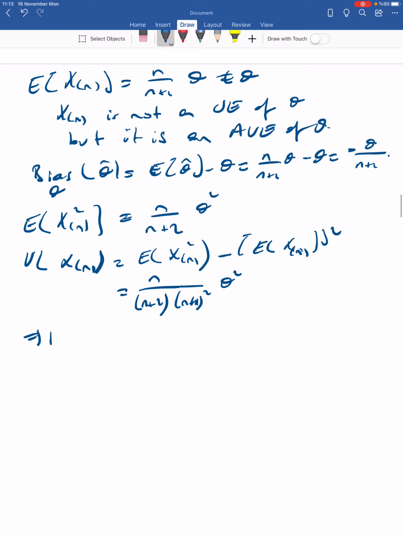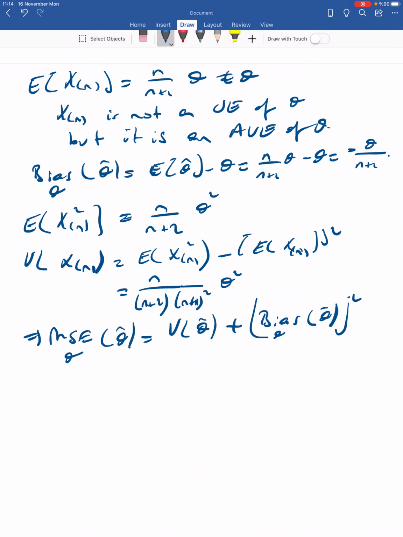And if you calculate the mean square error of theta hat, it is the variance of theta hat plus the bias squared, by definition.